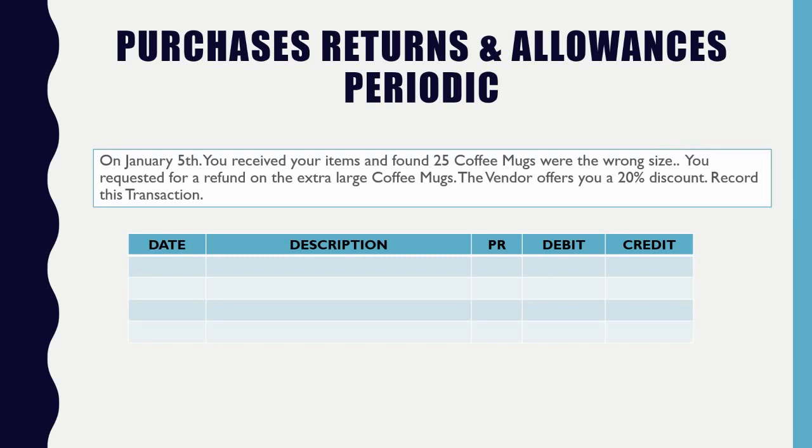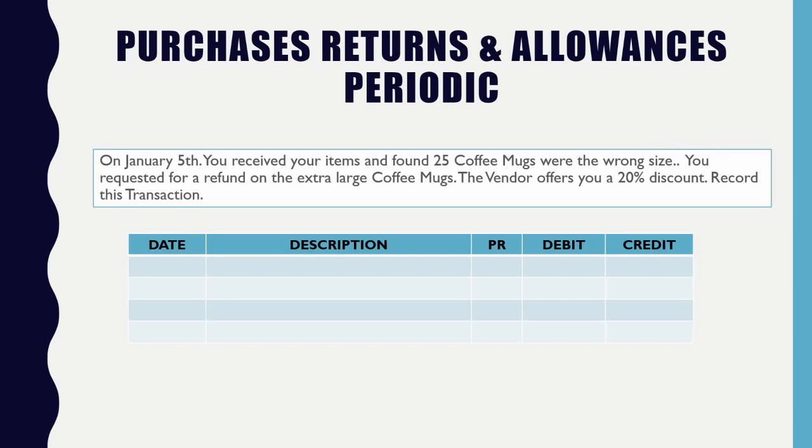Because I shipped you the wrong one, how about I give you a 20% discount off of those coffee mugs to make up for my mistake? If you accept that, then you accept it. If you don't, you can refuse it and demand your full refund, because maybe you can't sell those extra large coffee cups, since you might need to use different cups.